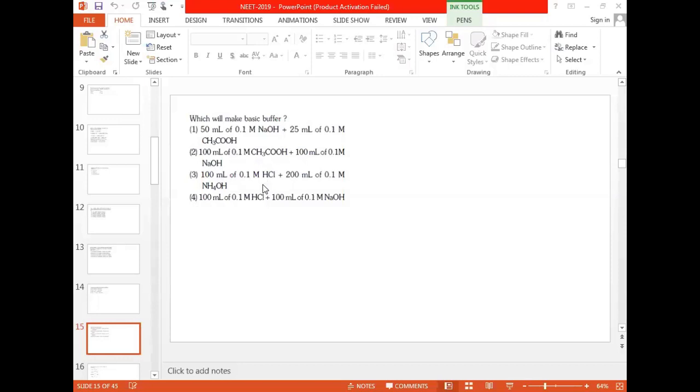Second option: 100 ml of 0.1 M acetic acid plus 100 ml of 0.1 M NaOH. Third option: 100 ml of 0.1 M HCl plus 200 ml of 0.1 M NH4OH. Fourth option: 100 ml of 0.1 M HCl plus 100 ml of 0.1 M NaOH.